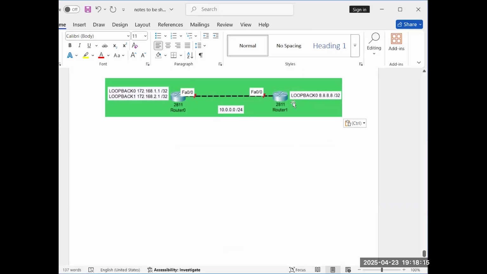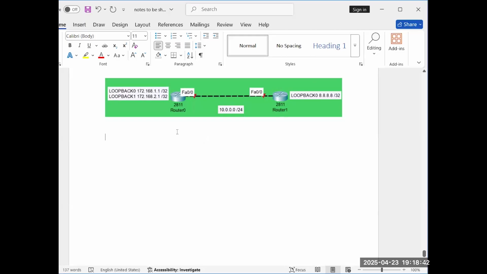Router 1, router 2, on these two interfaces I'm using the 10.0.0.0 range /24. Here I'm using the 172.168.1.1 and 2.1 series. And here I'm having only one network to be advertised. So how I am going to configure the summary route is what we are going to see here.